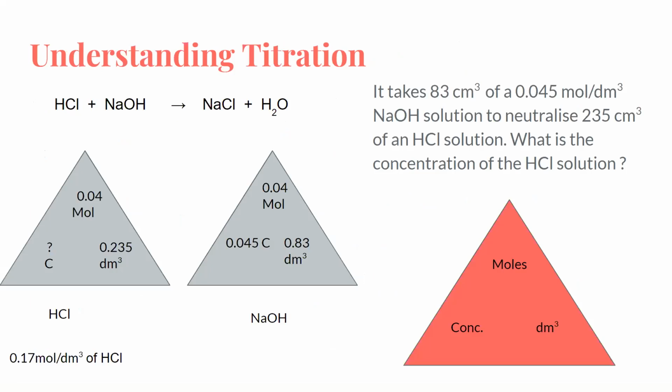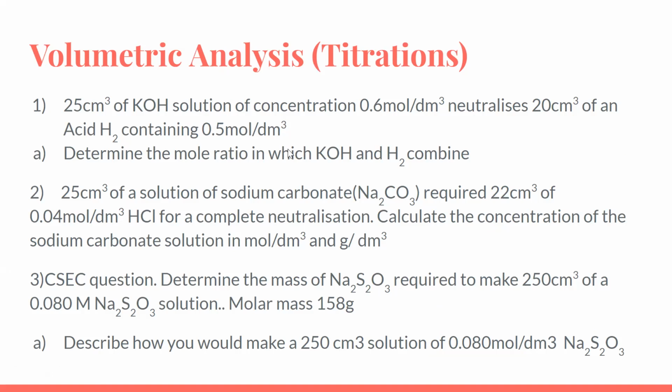Now, if we go back here, given this information, I don't only have to find concentration. I could find moles, I could find dm³, I can find anything here in the triangle if I manipulate it correctly, right? This question, however, is asking you to find the moles. So it gives you dm³, it gives you concentration. It's saying find the moles of the base, find the moles of the acid.